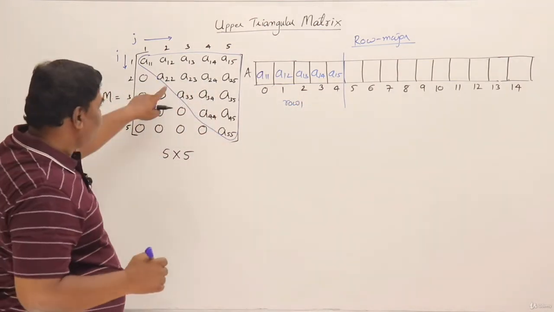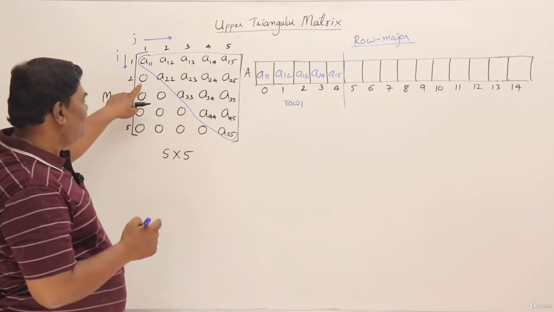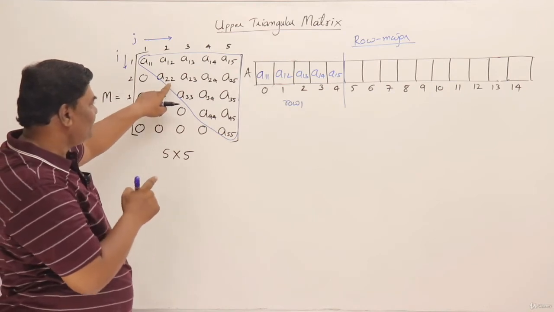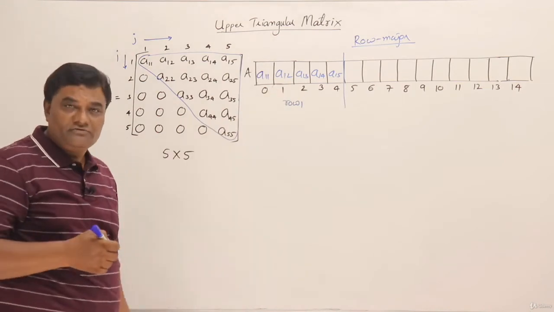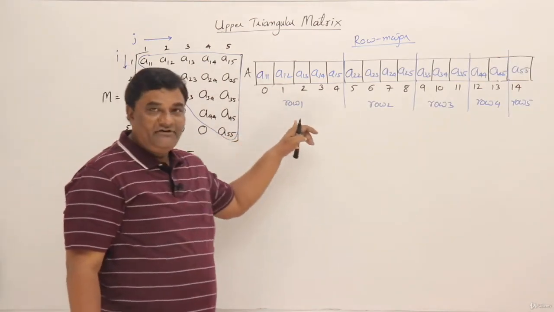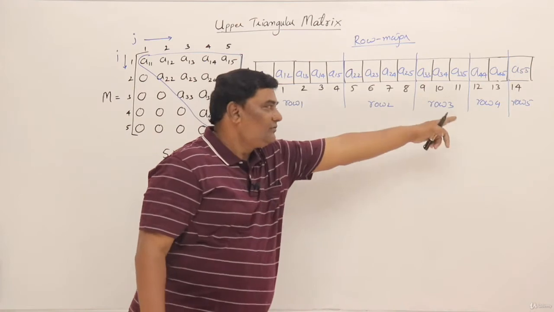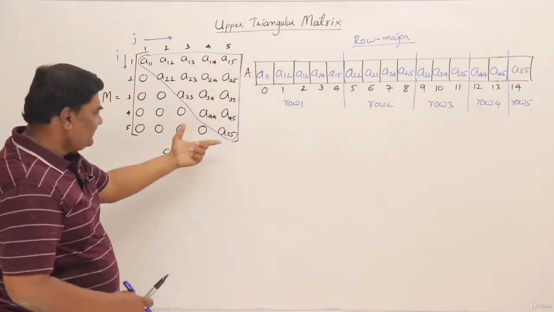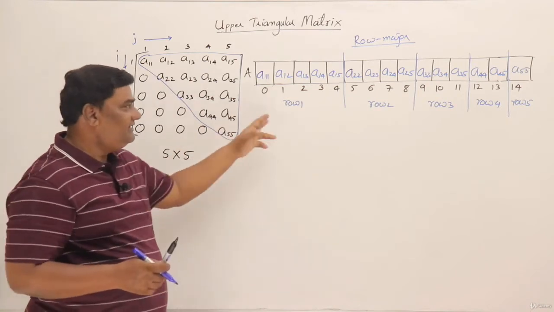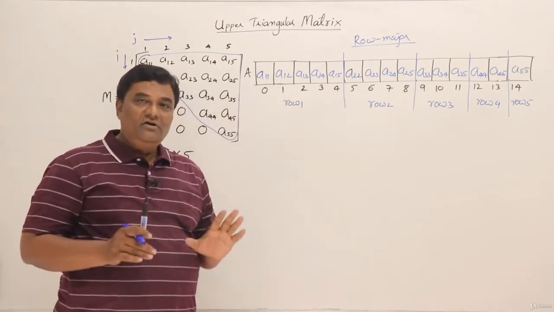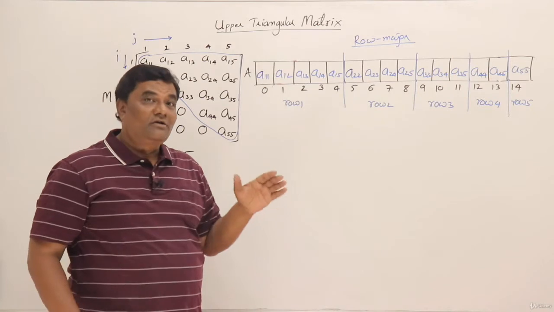The next row starts from 2 2, not from 2 1 onwards. The next row starts from 3 3 onwards. Like that, I will fill up all those rows. This is how I have filled row 1, row 2, row 3, row 4, row 5. The last row has just one element, and the first row has 5 elements. In this way, all these elements are stored row by row.